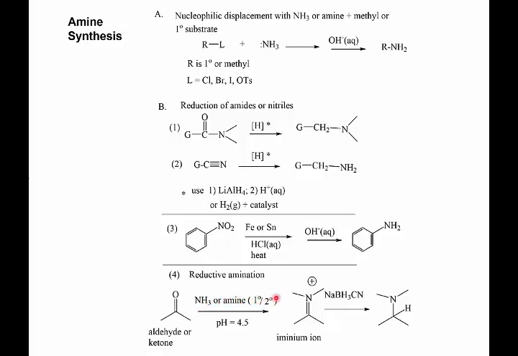And you're going to get the amine or the aminium ion, and then using a special reducing agent, a modified sodium borohydride, called sodium cyanoborohydride, this will reduce the aminium ion to the amine.